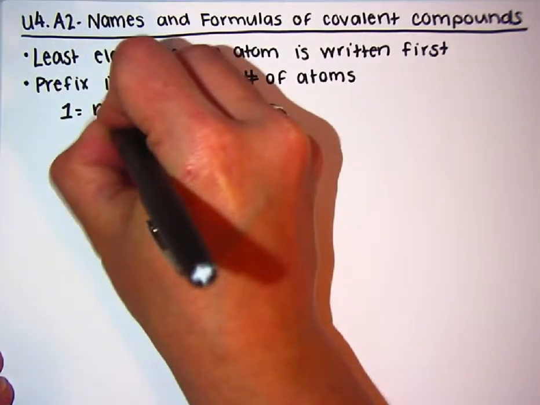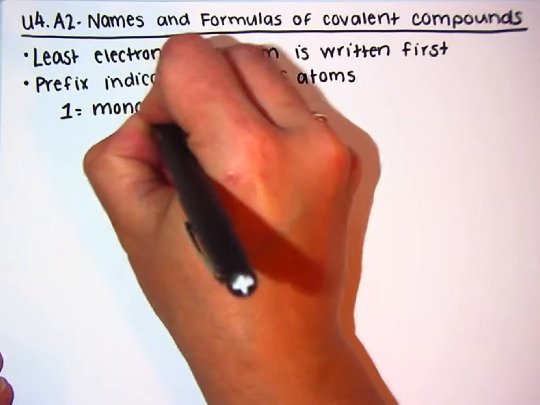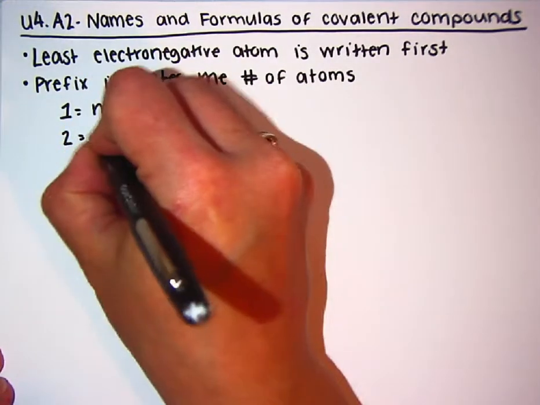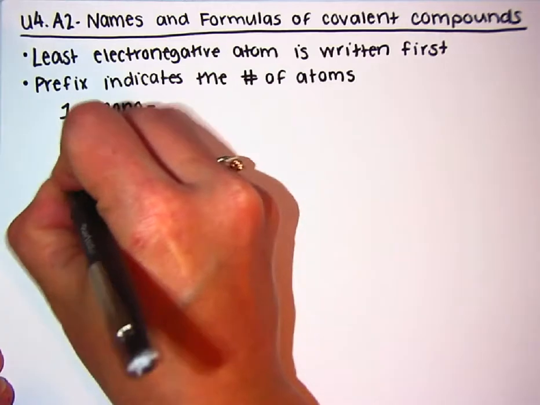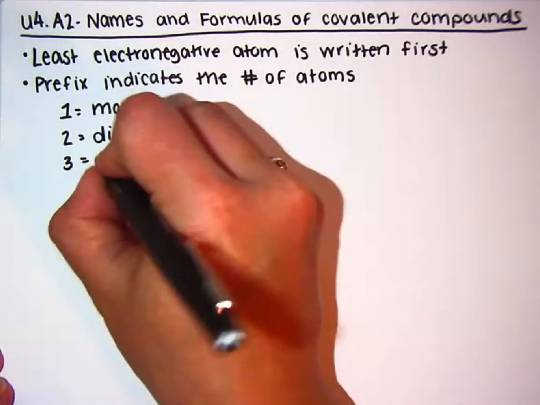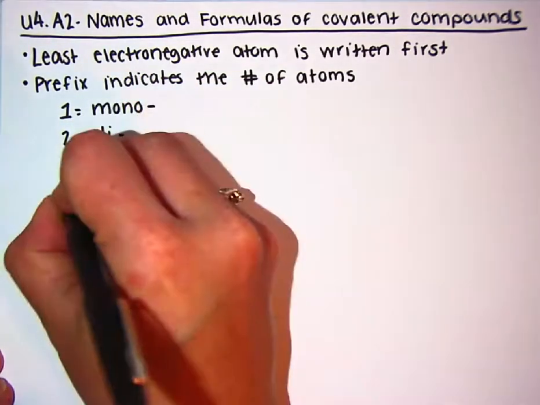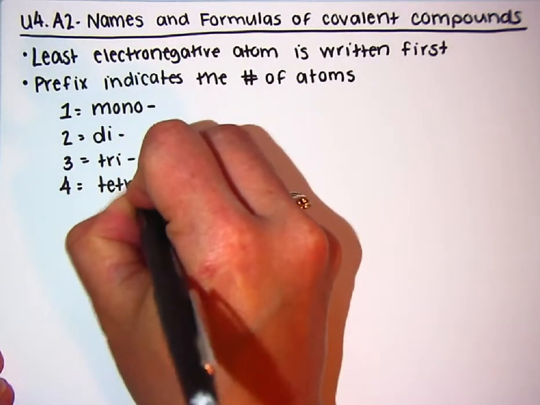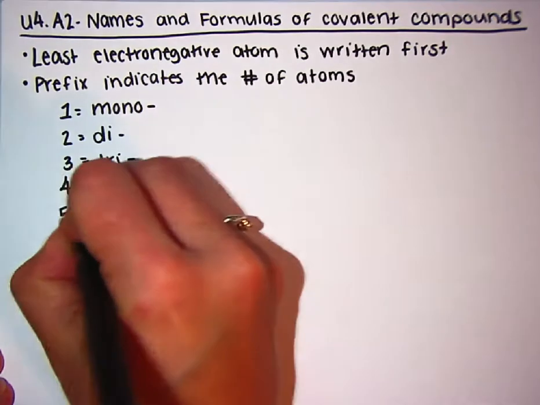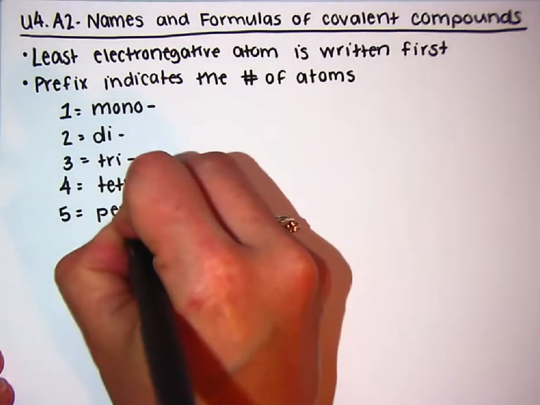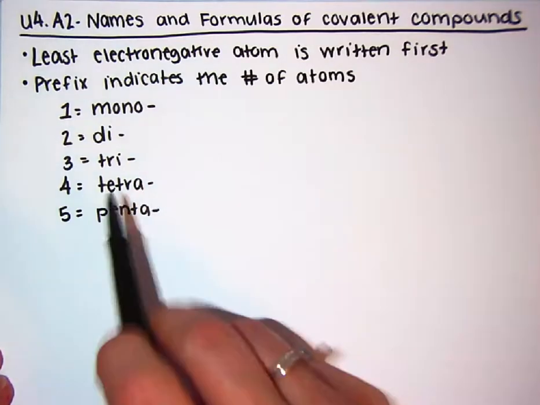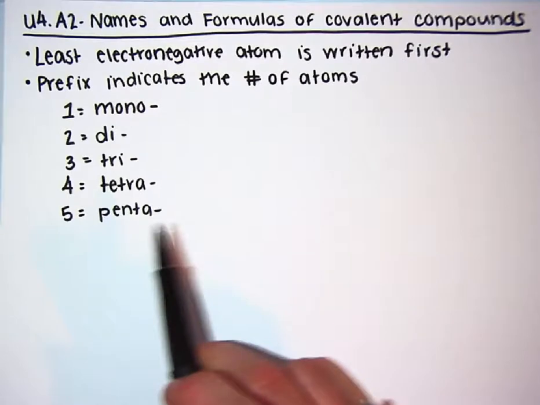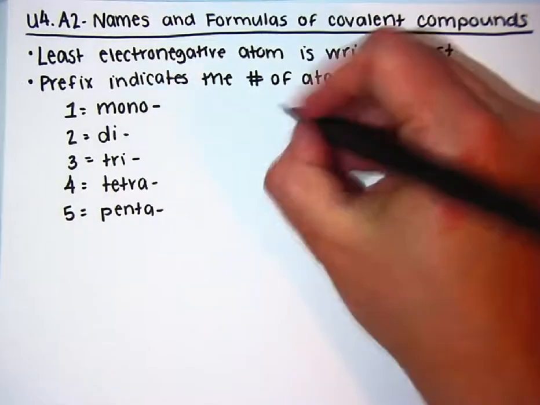So I am just going to list these prefixes for you. Pre means before, it's going to come before the elemental name. Some of these you should be familiar with, like triangle or tricycle, 3 sides, 3 wheels. Tri is 3. Penta, like a pentagon, 5 sides.